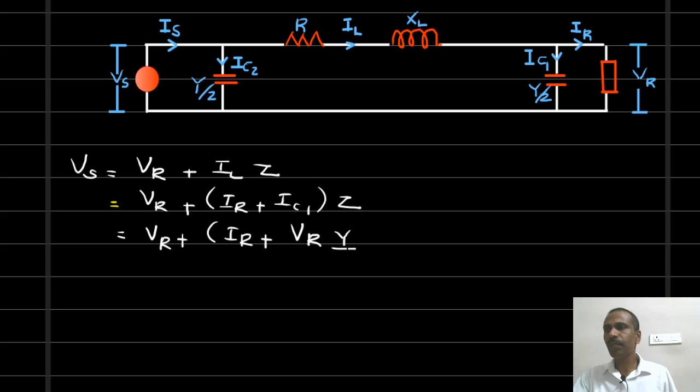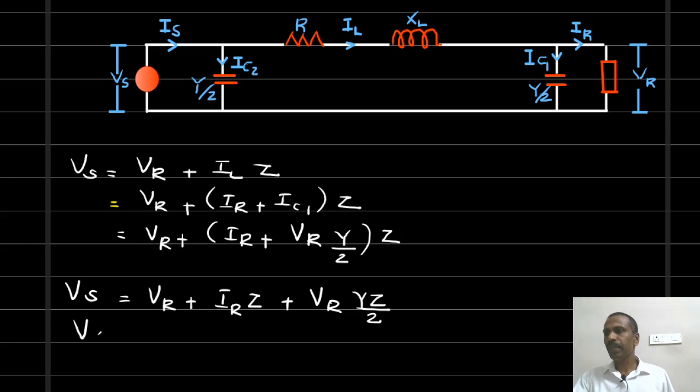Here the admittance is Y by 2, into Z. So this is equal to VR plus IR into Z plus VR into YZ by 2.